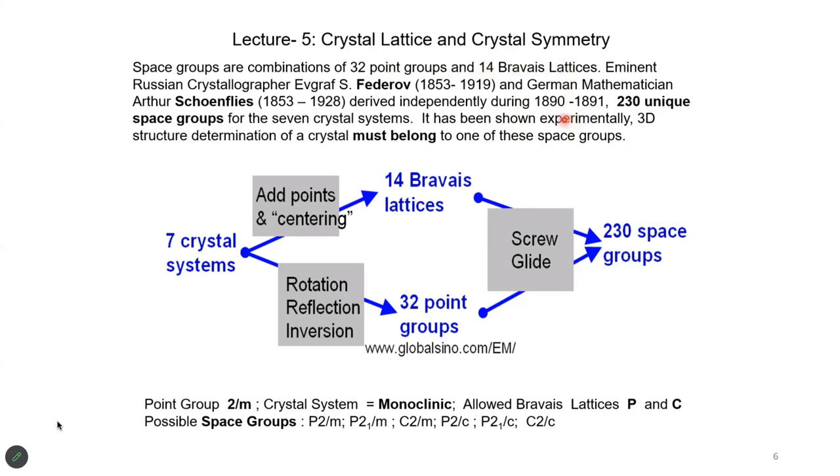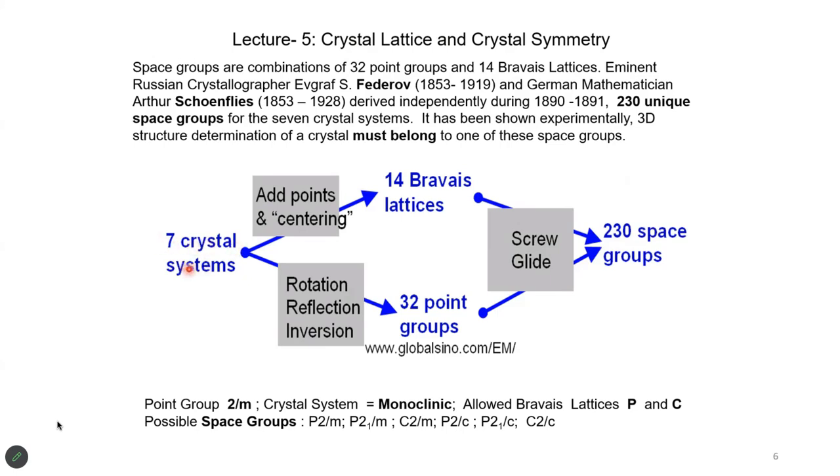So what we should remember, those who are determining structure of crystal, 3-dimensional structure determination: each and every crystal must belong to one of these 230 space groups. Must belong to one of these 230 space groups. Okay, now I show how we derive the 230 space groups.